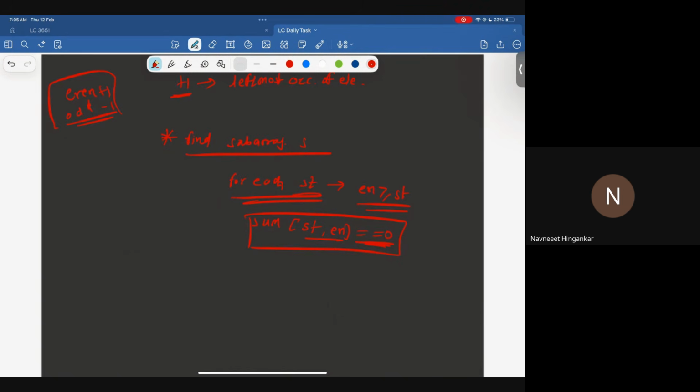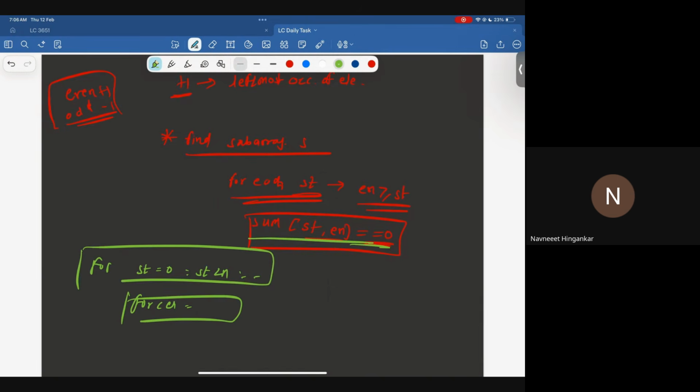So usually what happens is, here comes the important observation. This was my initial algorithm, where we go for start equal to 0, start less than n, and for end equal to start. But this for loop I have removed because I will optimize this part. This part will still remain the same.